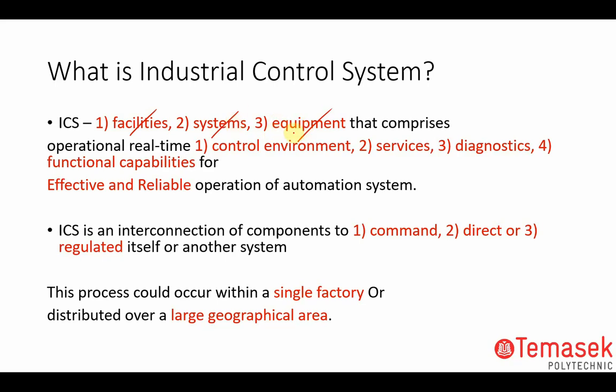It allows you to control the environment, for example as big as an electrical system or water system. Of course, it can also do your HVAC, basically your aircon or heater system. It provides some form of services, such as water services and electrical services.